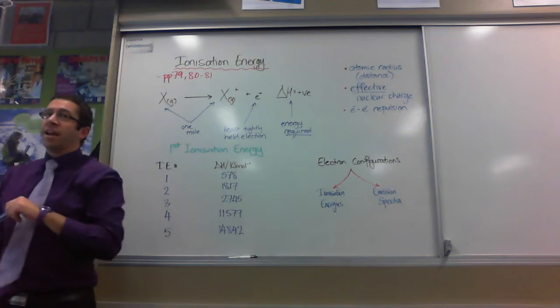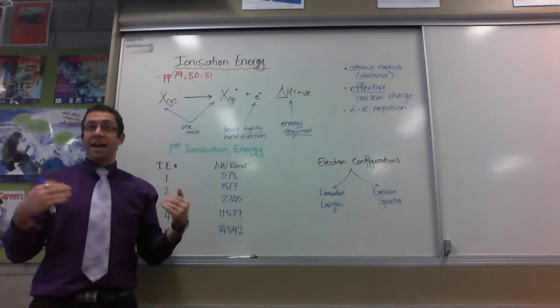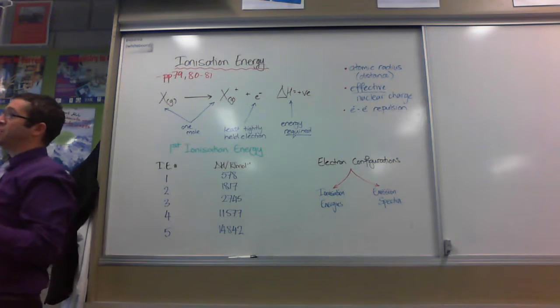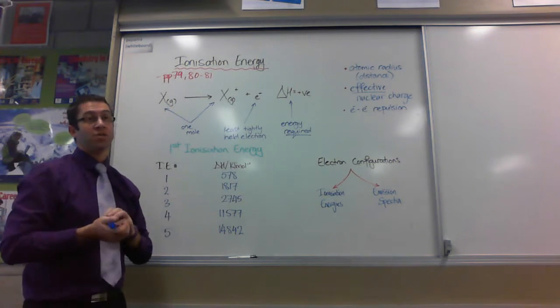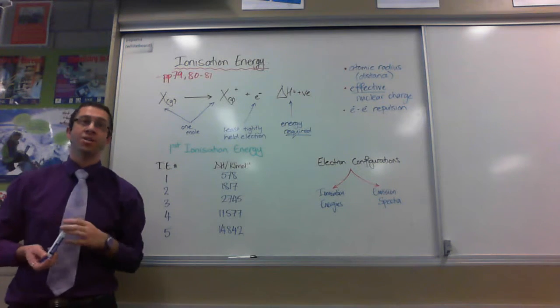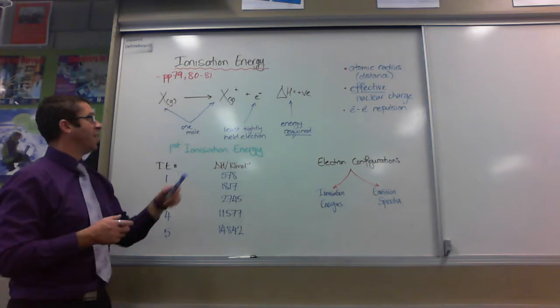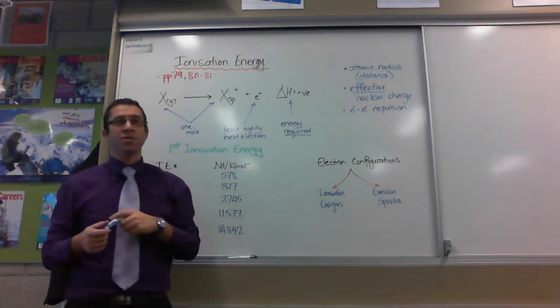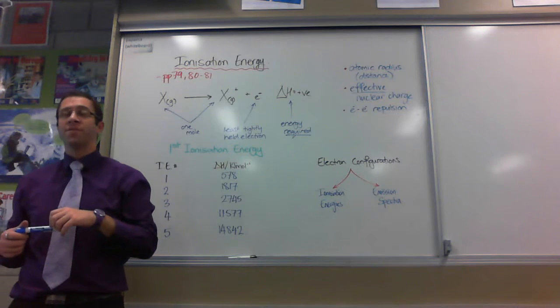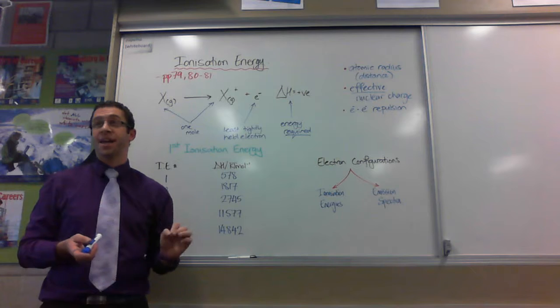You'll notice that only one electron is removed. Now it doesn't even matter if it's chlorine, which of course normally gains an electron. We're talking about how much energy it takes to remove one electron. The definition in words, I'm not going to put on the board, but I'll say to you, it is the amount of energy required to remove the least tightly held electron from 1 mole of a substance in its gaseous state, from an element in its gaseous state.